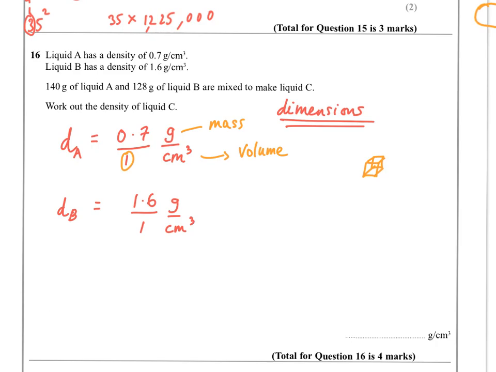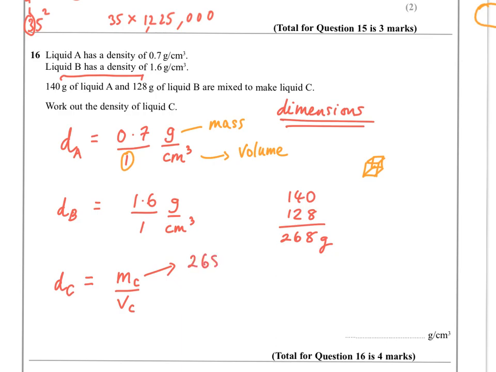So 140 grams of liquid A and 128 grams of liquid B are mixed to make liquid C. If we want the density of liquid C, density is the mass of liquid C over the volume of liquid C. So we know that 140 and 128 gives us 268 grams, so the mass of liquid C is going to be 268 grams.